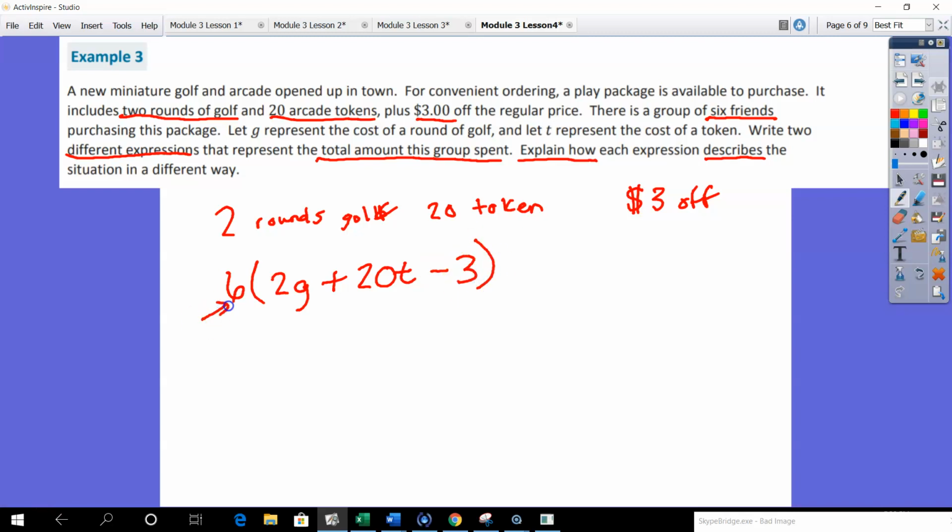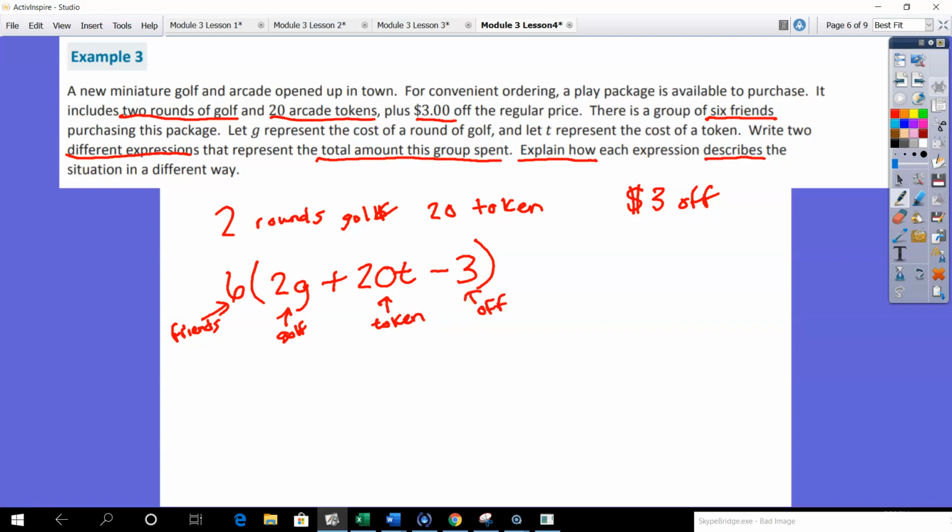Okay, so this would represent the friends. This would represent golf, 2 rounds. This would represent the number of tokens, 20 tokens. And this would represent the amount off.